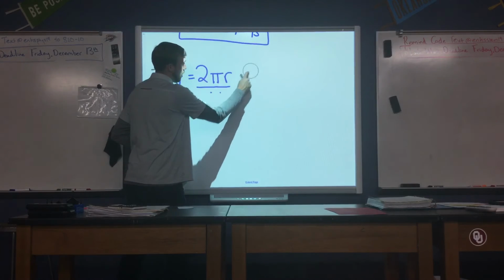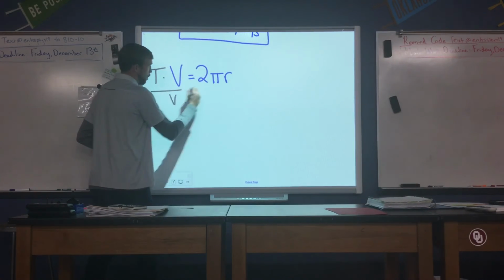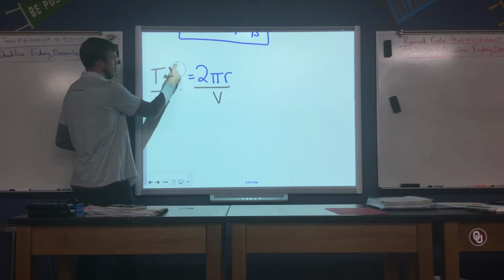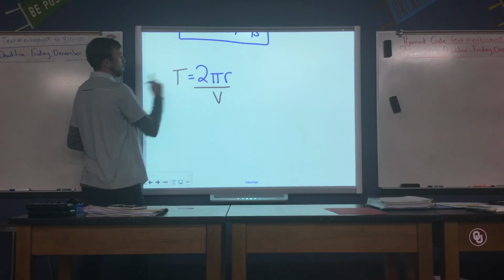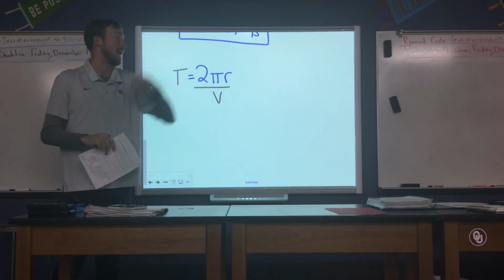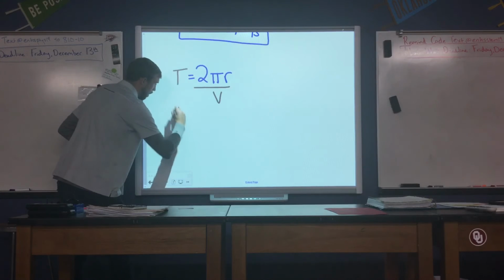That will cancel out the period term on the right. And then I can divide by my velocity term on both sides of my equation. So the velocity term will cancel out on the left. And I'll now be left with an equation for the period. 2 pi times the radius, which is the radius of its entire circular path, divided by the velocity, which we just found. So here we go.